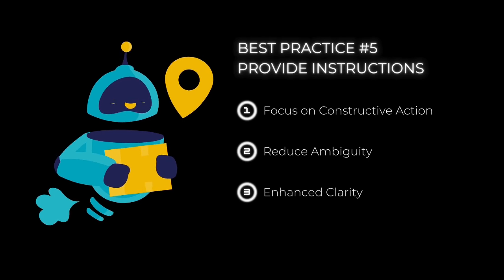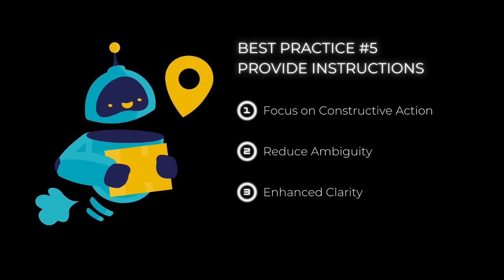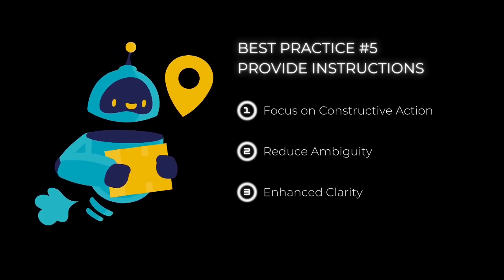And at the end of the day, this enhanced clarity is just going to direct the AI on what to do and its relevance and how applicable it's going to be to the task that you're trying to get the AI to complete. So to show this best practice, we're going to show a couple of examples that involve being very clear in the instructions that you're giving it.